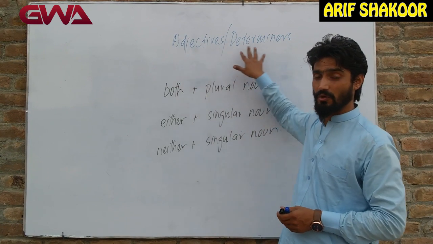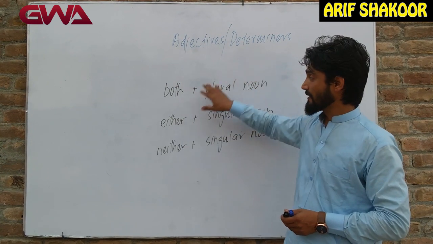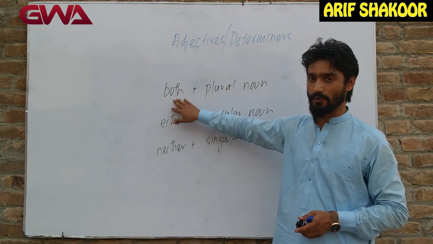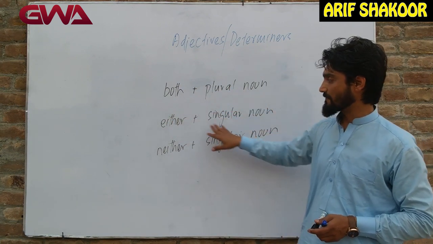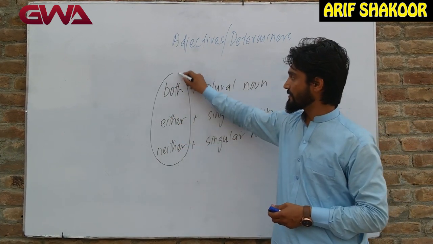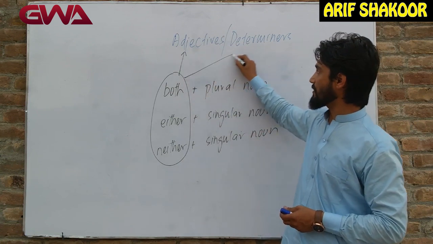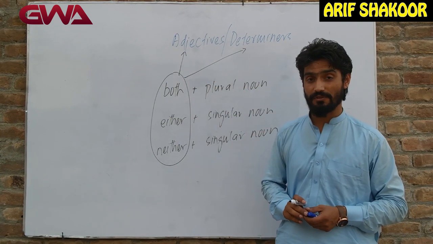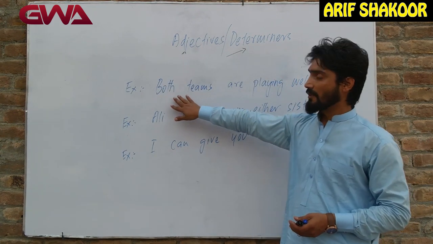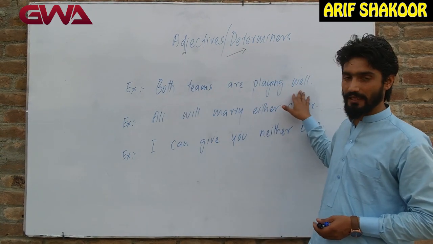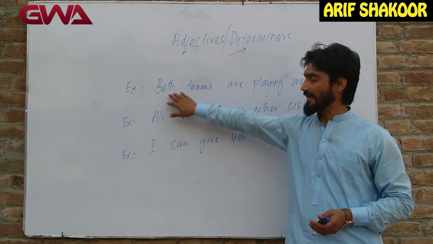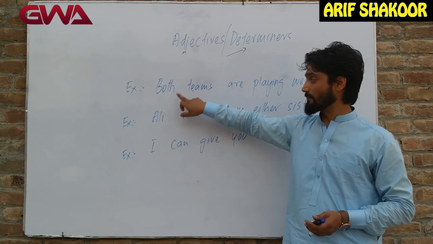As adjectives or as determiners. Ladies and gentlemen, when you see plural noun after both, singular noun after either and neither, they function as adjectives, or you can also call them determiners. Let's use them in examples. Both teams are playing well. There's a match between two teams, and I'm talking about both of them.